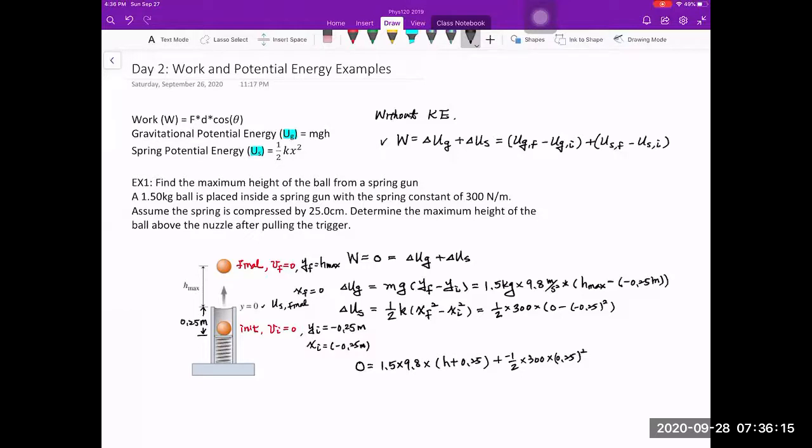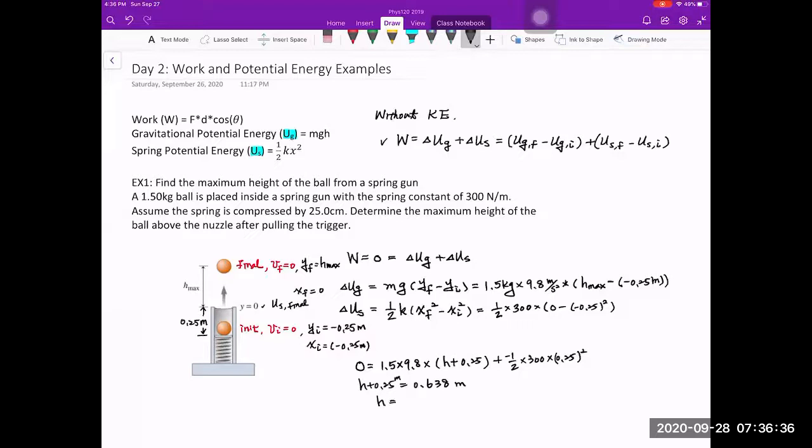You can also verify the result with me. I got h plus 0.25 equal to 0.638 meter. And this is a meter as well.